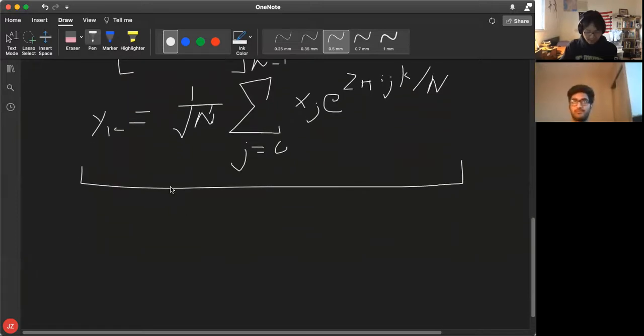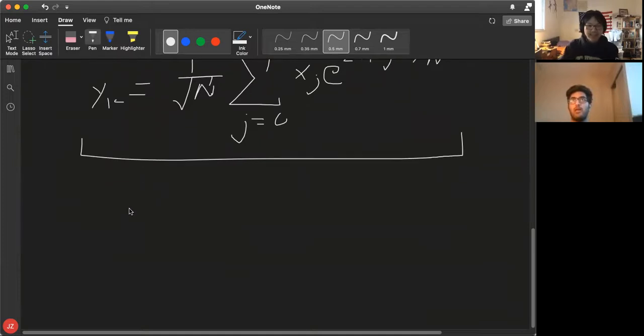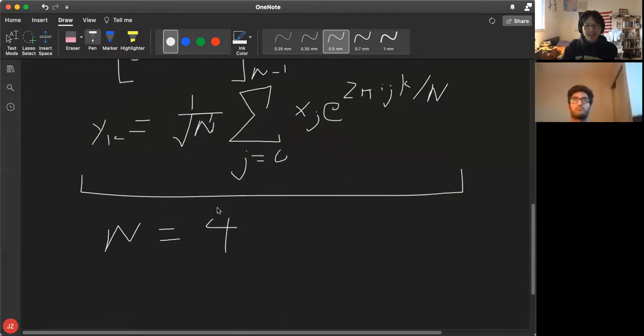If I were to do an example here, don't worry, I'll make it pretty quick, just to give you an idea, let's do 4 qubits, or not 4, wow, 4 qubits is too much. 2 qubits. For 2 qubits, that means n would equal 4, because this is the number of elements in our vector, and you have to remember that given 2 qubits, you will have a vector, or a ket, that has 4 components.